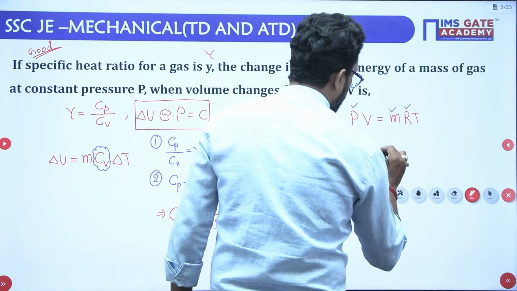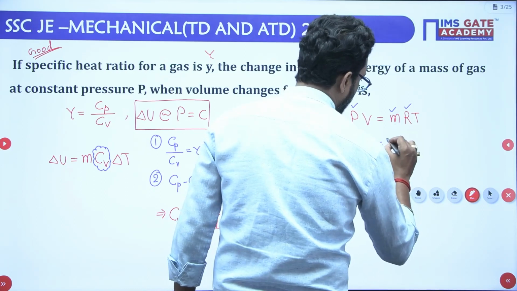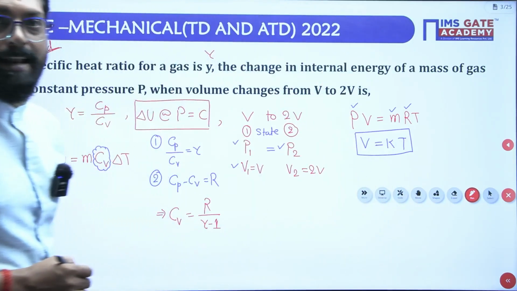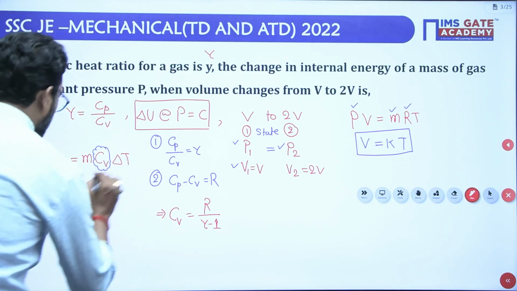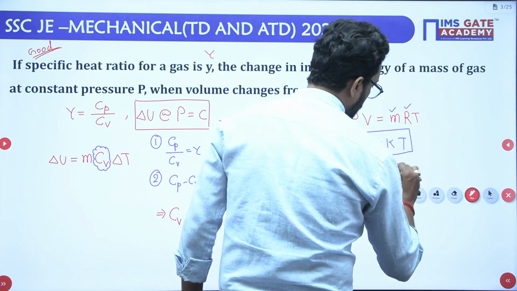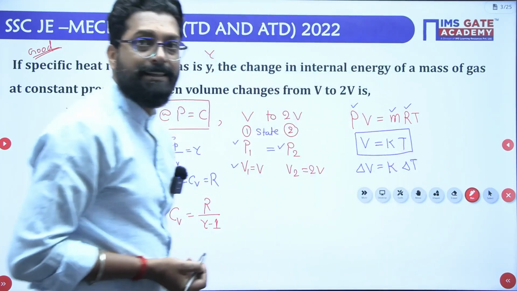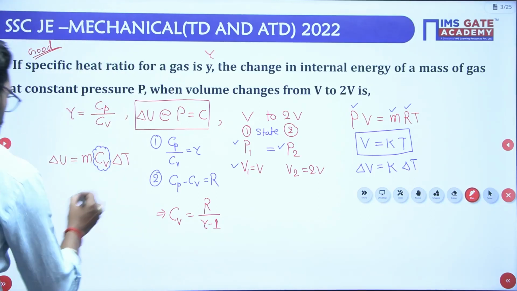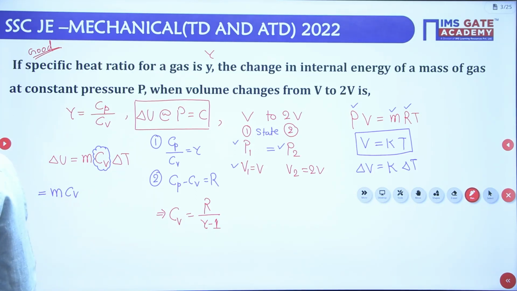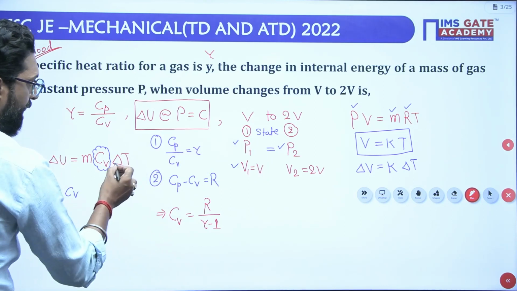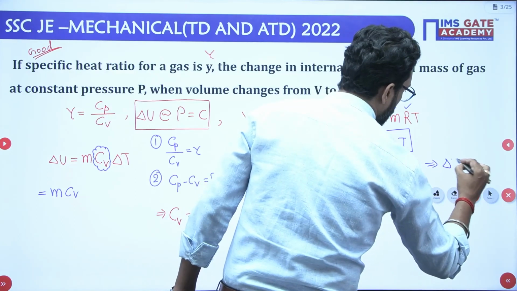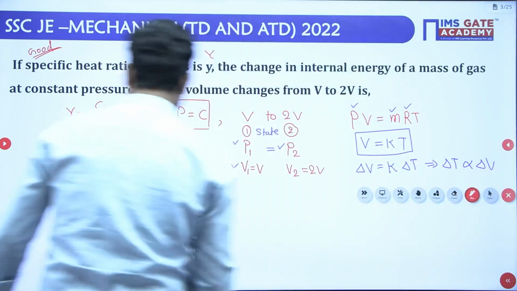So V is equal to some constant K into T. Then V is directly proportional to T. So if you write delta V is equal to K of delta T, what is delta V? Here we have m, Cv, and instead of delta T, you put delta V, because delta T is directly proportional to delta V.